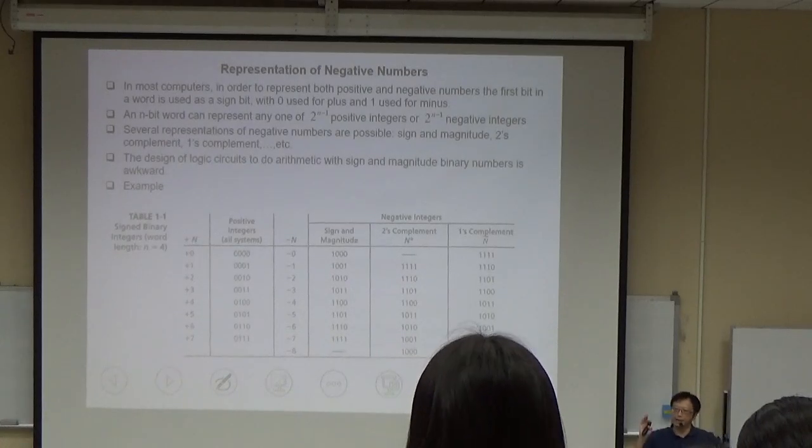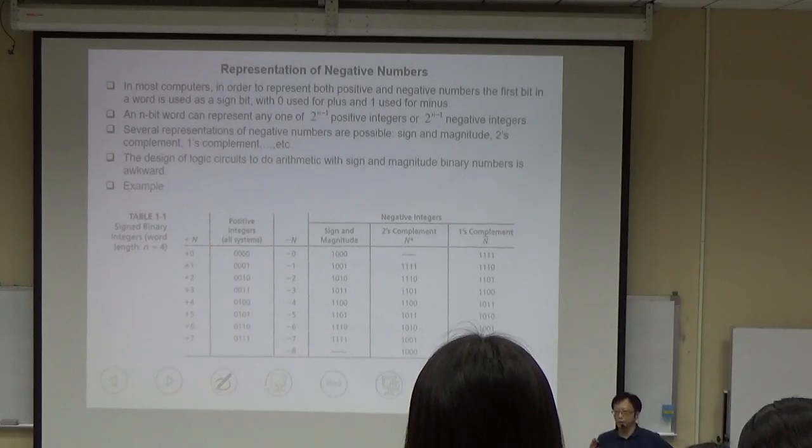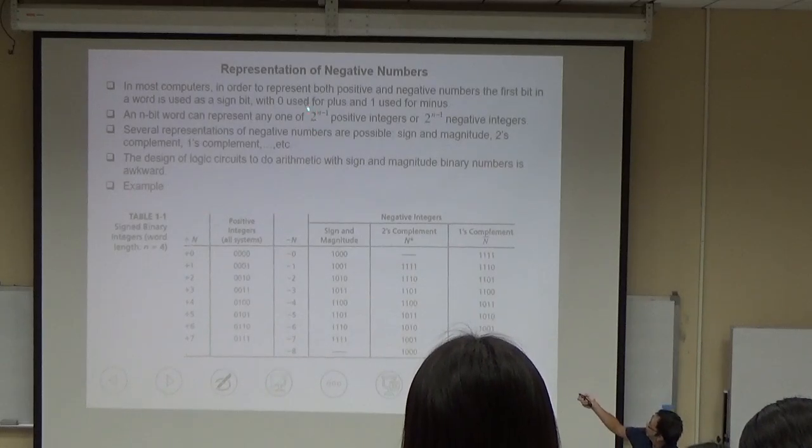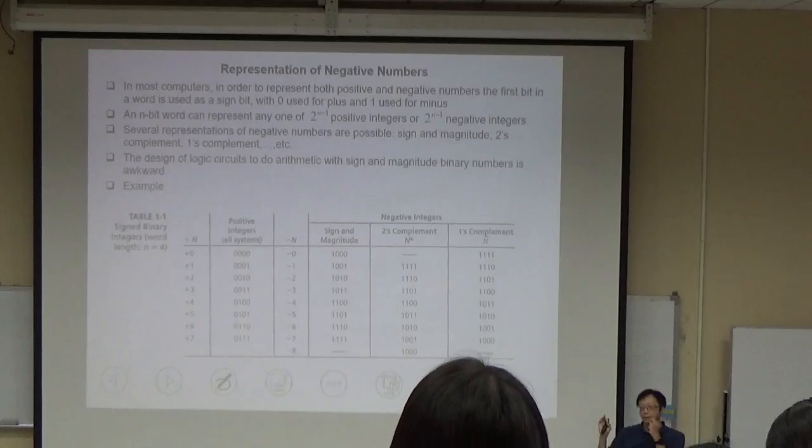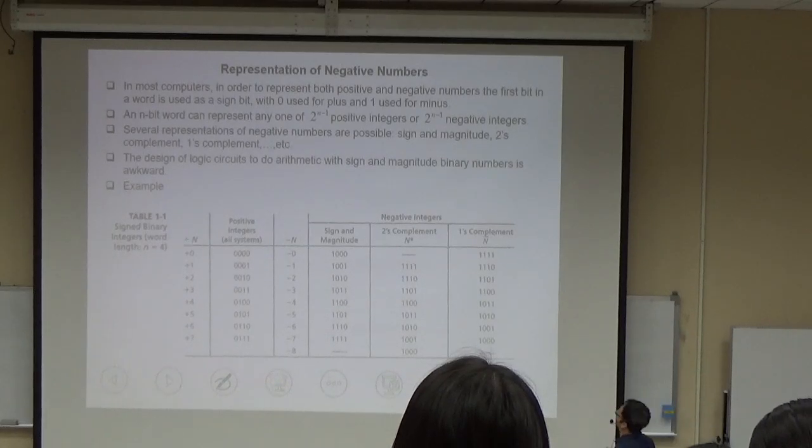For example, if there are 4 bits, that means n is 4. Then we can represent 2 to the 4 minus 1, equal to 3. Okay, so 2 to the power of 3 is 8. So we can represent 8 positive integers and 8 negative integers if there are 4 bits. Okay.